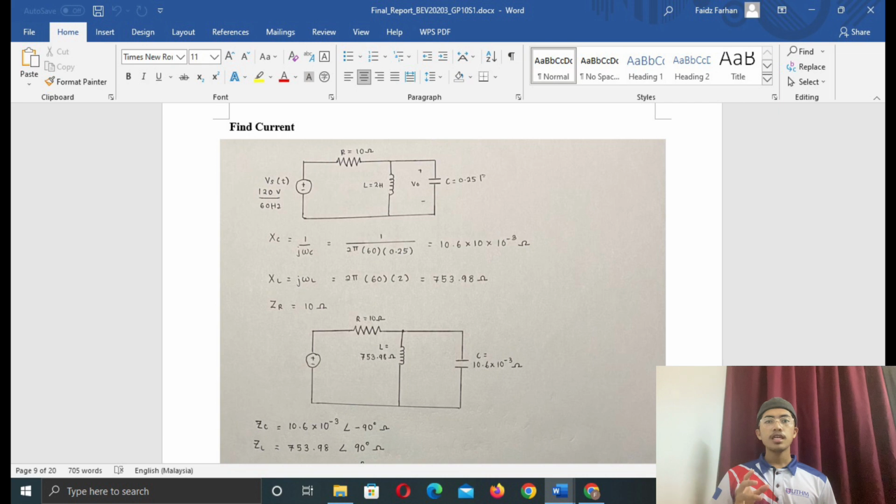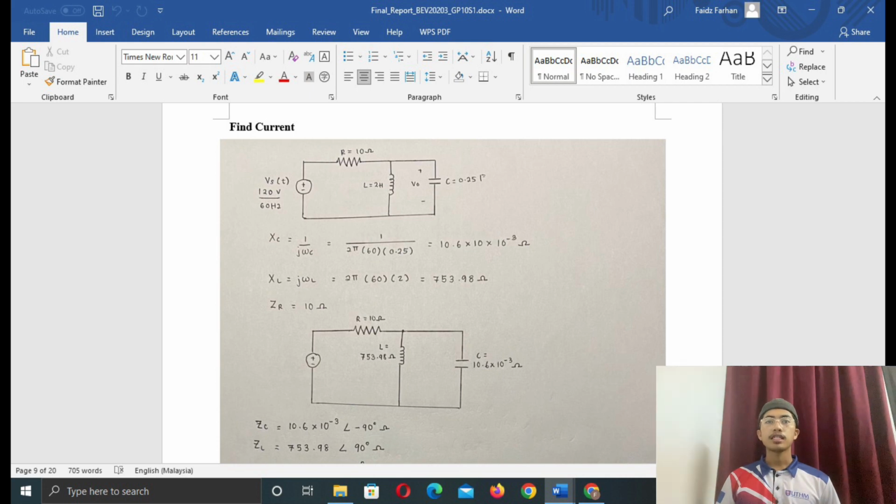Firstly, XC is the capacitor, so the formula XC equals 1 over jwC, where w is 2 pi times the frequency and C is the capacitance. So 1 over 2 pi times 60 Hz times 0.25 gives 10.6 milliohm. For the inductor, XL equals jwL, so j times 2 pi times 60 Hz times 2 equals 753.98 ohm.